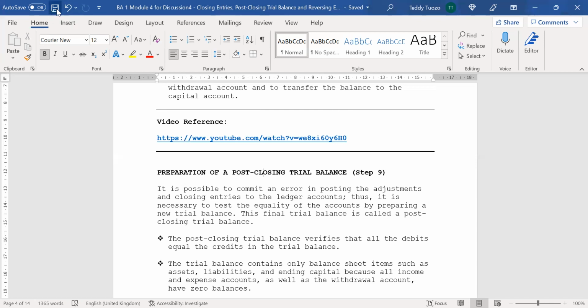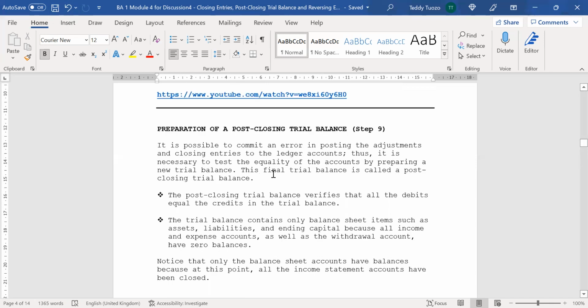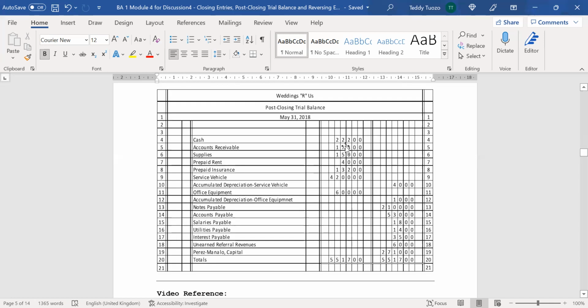So, since we have already prepared the closing entries, what comes out? The income, withdrawal, and expense accounts are gone. What is left would be assets, including our accumulated depreciation or contra asset accounts, and the liabilities and the capital account. Note that the capital account of Perez Manalo is now adjusted to 271,000.